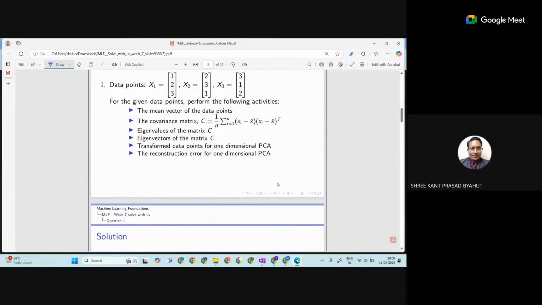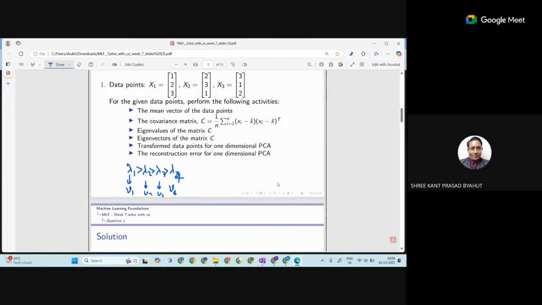So you choose lambda 1, lambda 2, lambda 3, lambda 4, in this order, meaning the greatest ones, and the eigenvectors corresponding to them, V1, V2, V3 and V4.